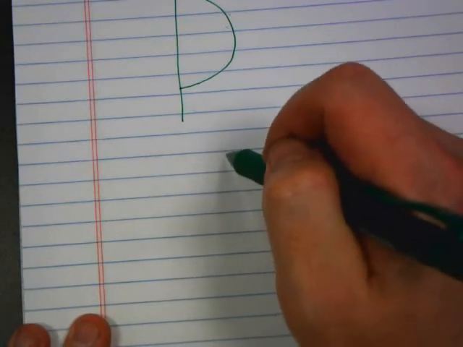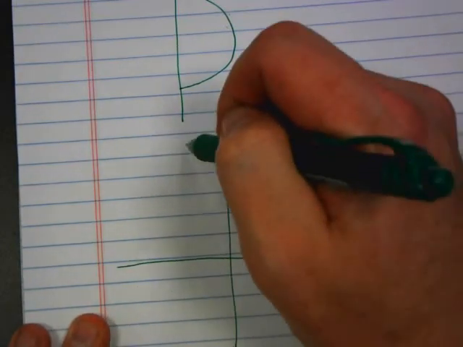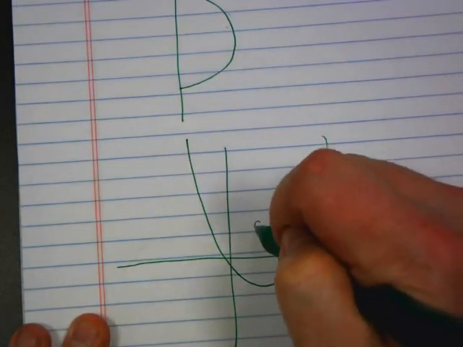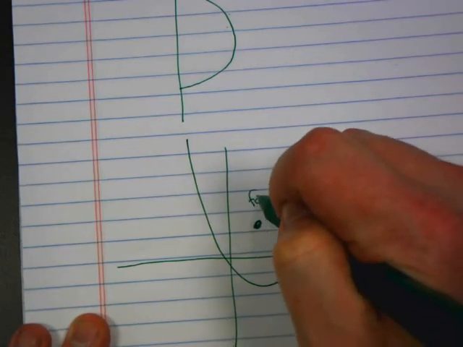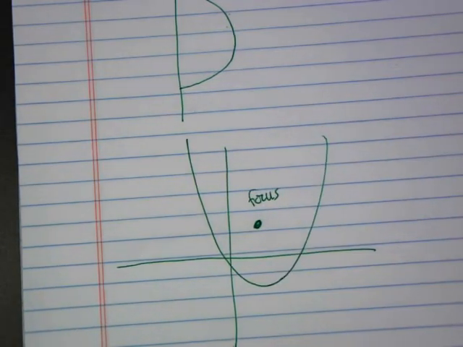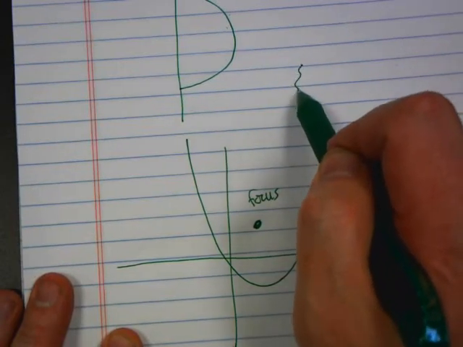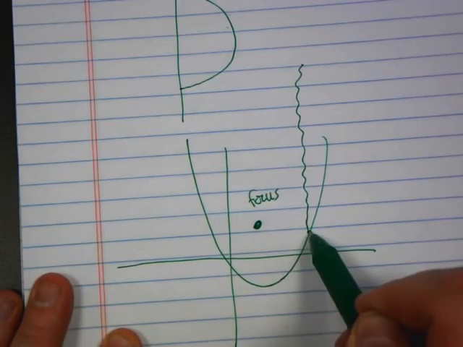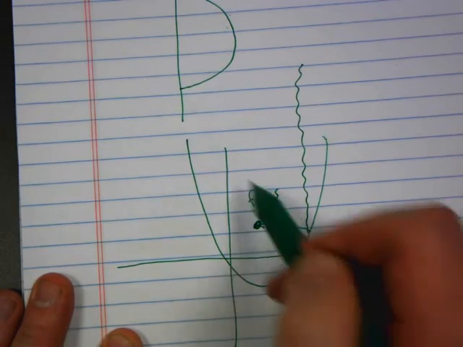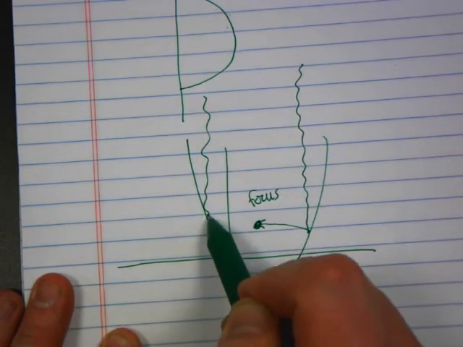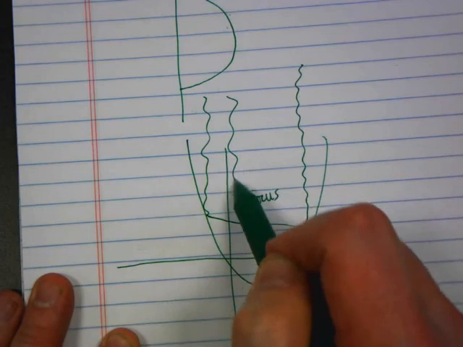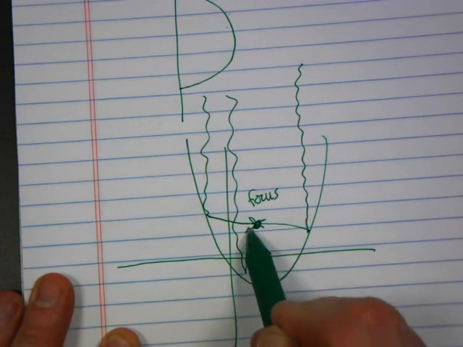The most common use of a parabola, we don't talk about this in this course. A parabola has a point right here in the middle called the focus. And here's what happens. Say you have a TV signal coming in. The TV signal will hit the parabola and bounce right to the focus. No matter where the TV signal hits, it'll bounce right to the focus.